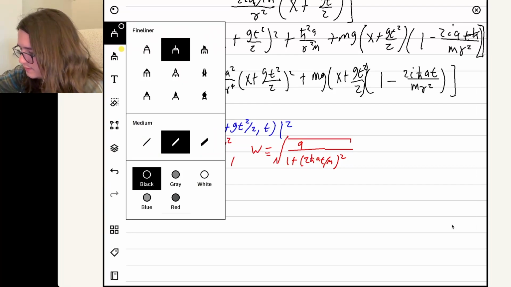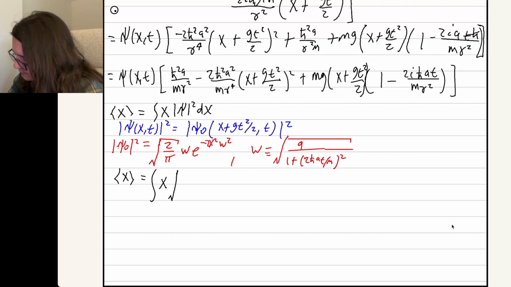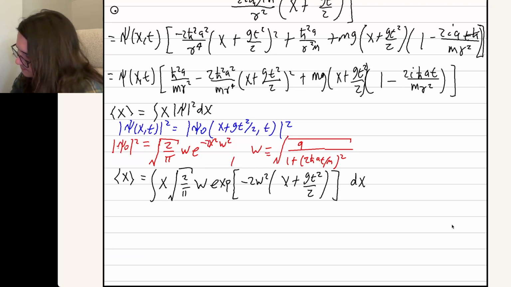So it looks like for us, the expectation value of x is looking like the integral of x times root 2 over pi times w times the exponent of minus 2w squared times x plus gt squared over 2, dx.